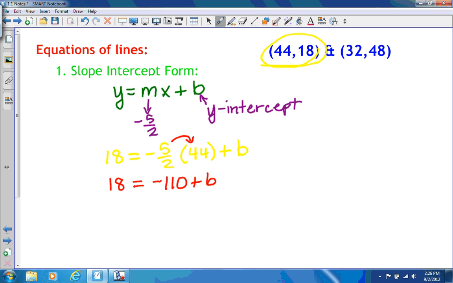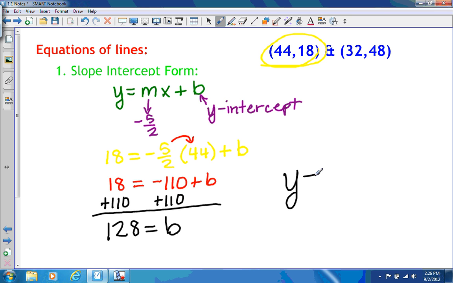And then moving that to the other side, we would add 110. And b would equal 128. And so then our equation would become y equals negative 5/2 x plus 128.